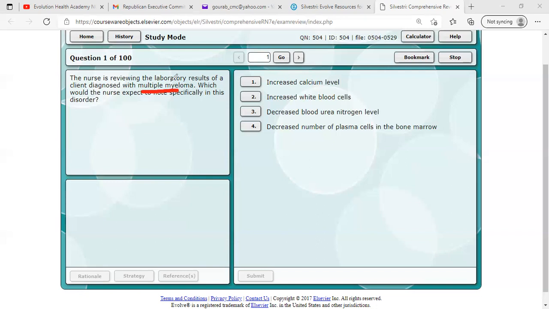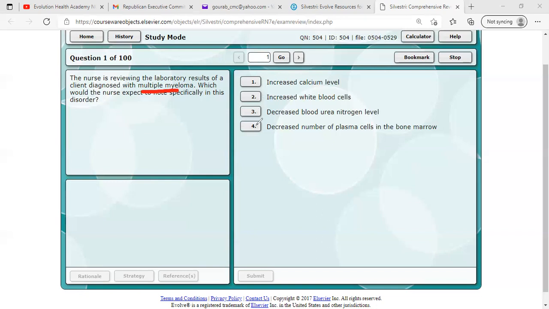The most important point, which I did not tell you: multiple myeloma patients also develop hypercalcemia, right? It means the calcium level goes up. So here are the 4 options.